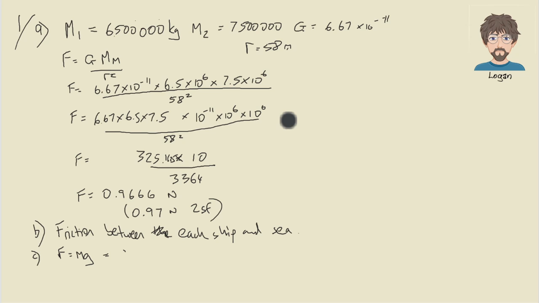The heavier ship is 7,500 tons, so times 9.8. That's going to equal 73,500,000 newtons, or 7.35 times 10 to the 7 newtons.